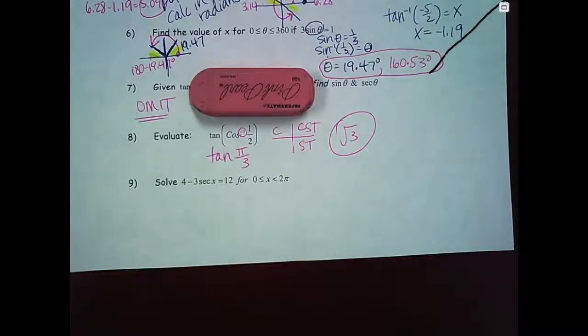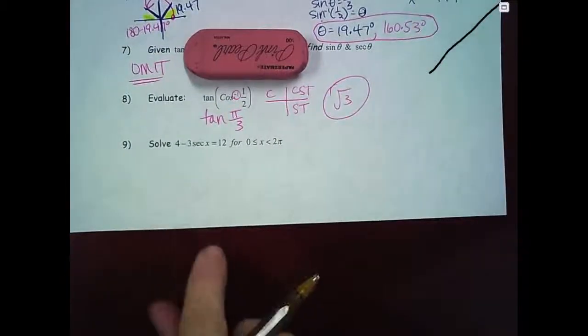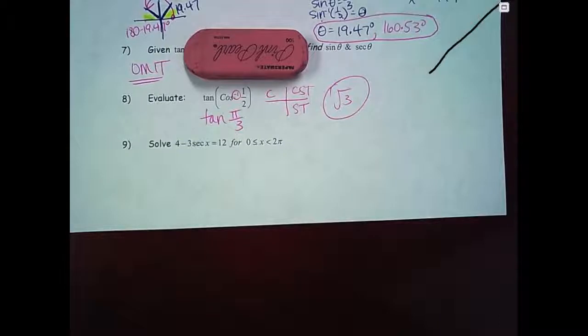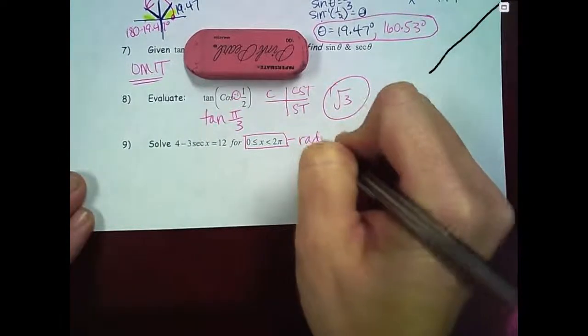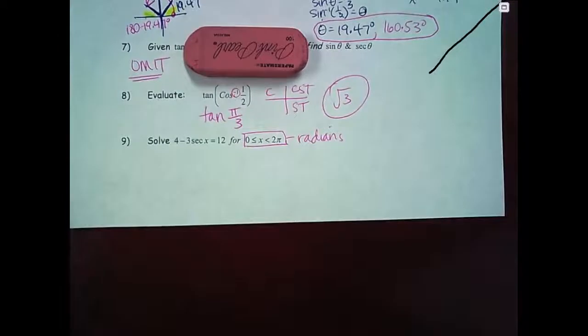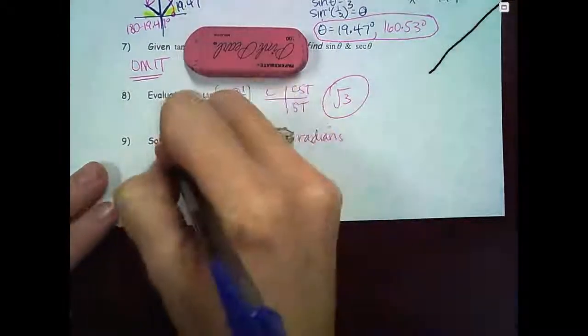Okay, number 9. This time, what does your calculator need to be in? Radians, right? Because of this, you're going to put your calculator in radians. To solve, I'm going to subtract 4 first.